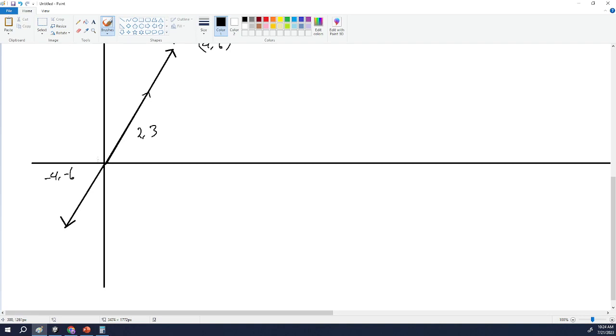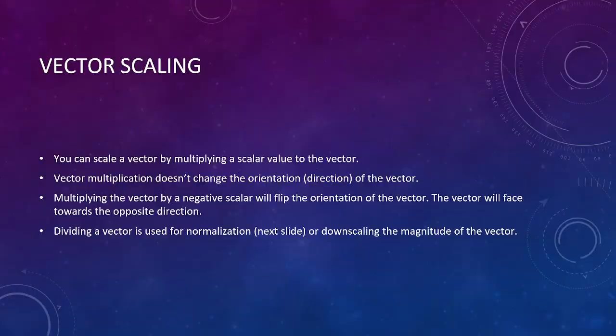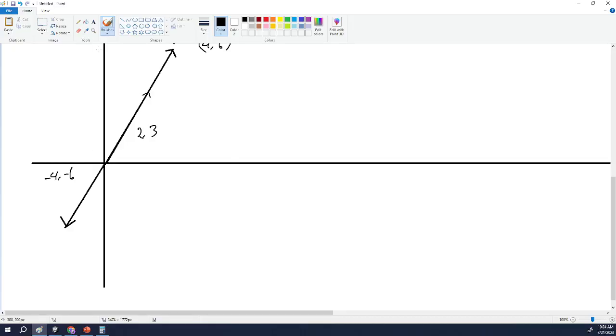Opposite orientation lang of our vector. Same thing. You can actually divide it. See, so we can divide it by, let's say, 2, right? It'll be like 1 and 3/2. Again, same direction. It's just that we have a different magnitude right here.